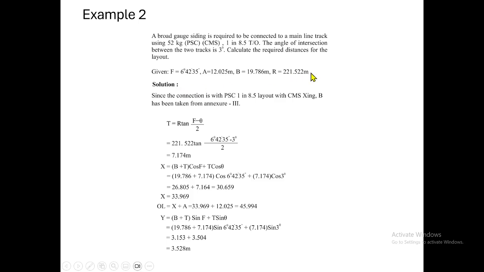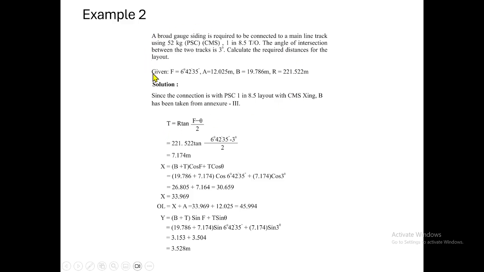There will be a reverse connecting curve with reference to the turnout. Then A, of course, we know, and B, of course, we know for the 1 in 12, 1 in 8.5 crossing. Here 220 or 522 we have taken, because the same radius of 1 in 8.5 they have taken. Here also, suppose the same, this radius of the lead curve minus G by 2 will be the center line radius that they have taken actually.